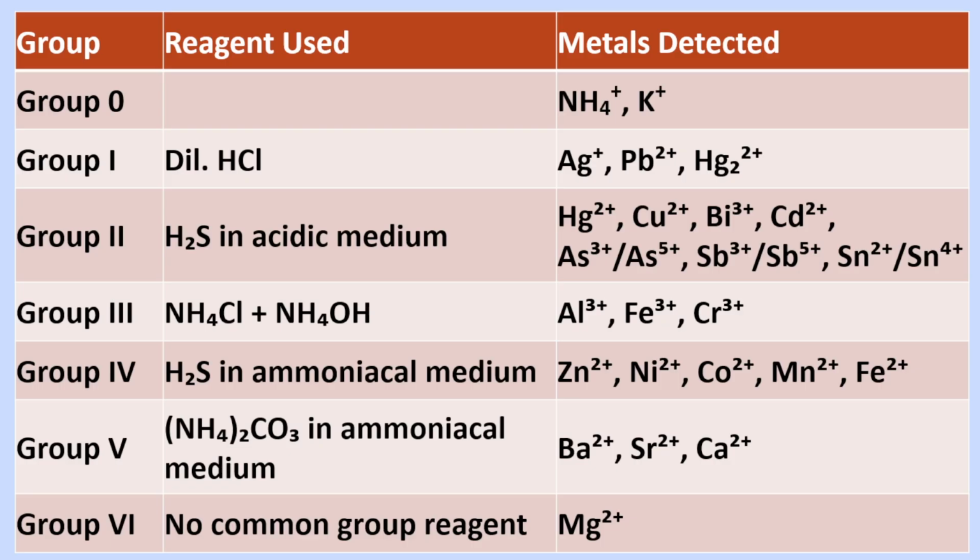It helps detect barium, strontium and calcium. At last we have group 6. Group 6 has no common group reagent. It contains only magnesium, which is tested separately using a specific test. So this systematic grouping helps us separate and identify cation one by one based on how they react with a specific reagent.